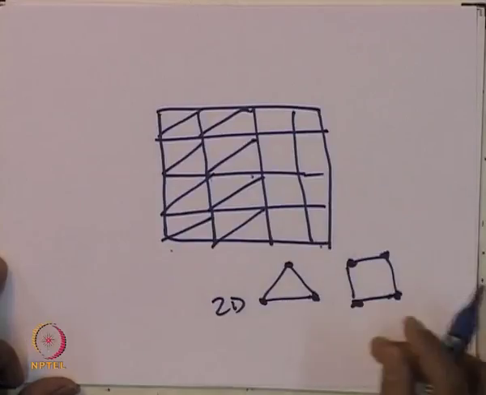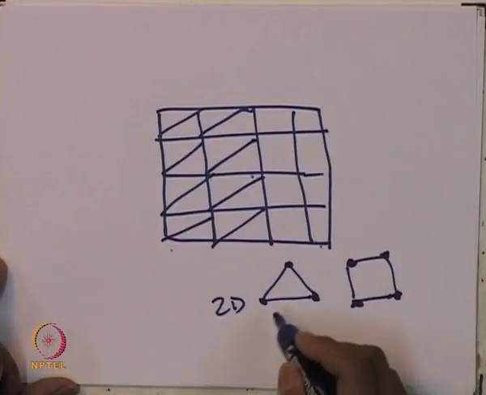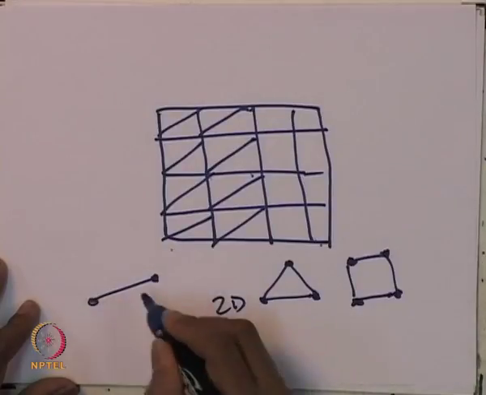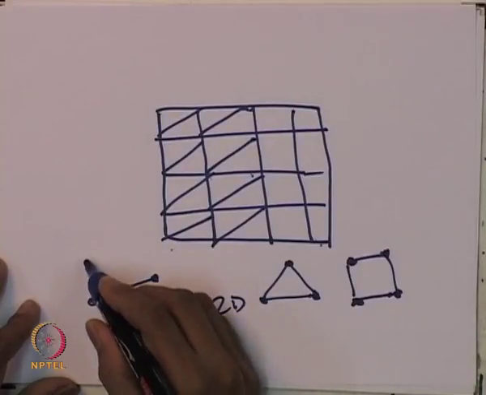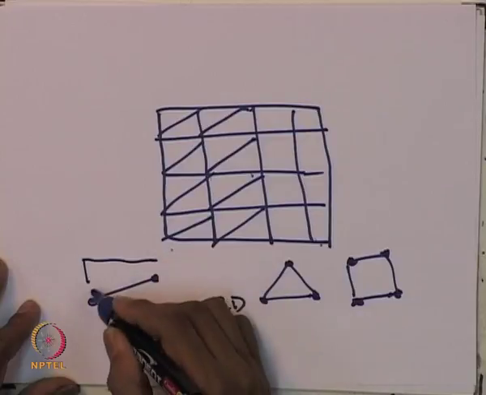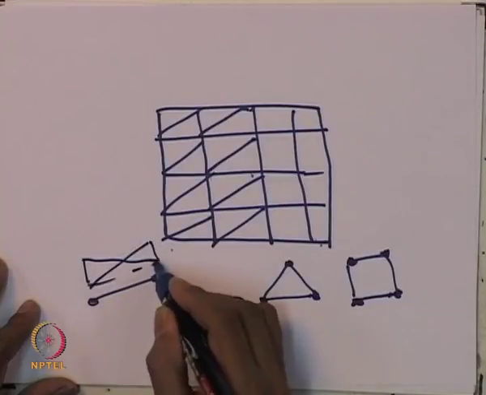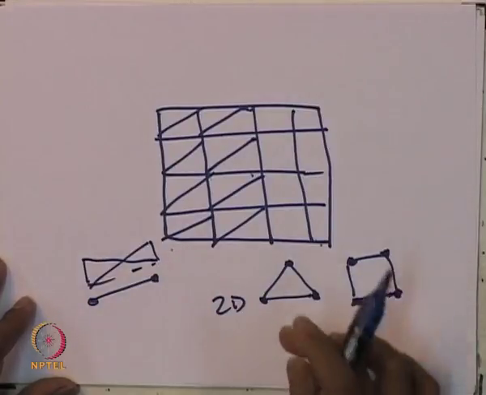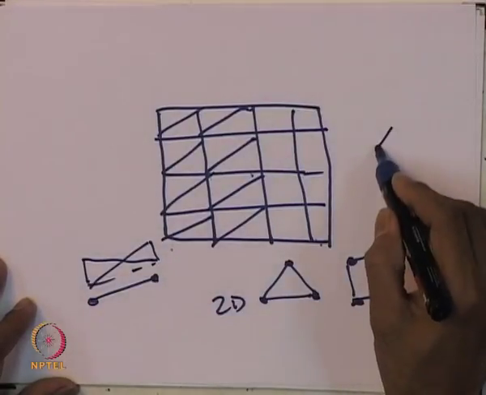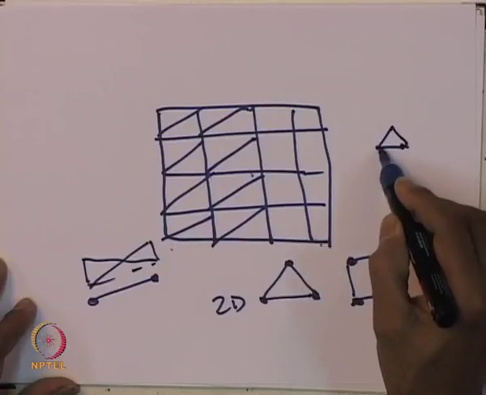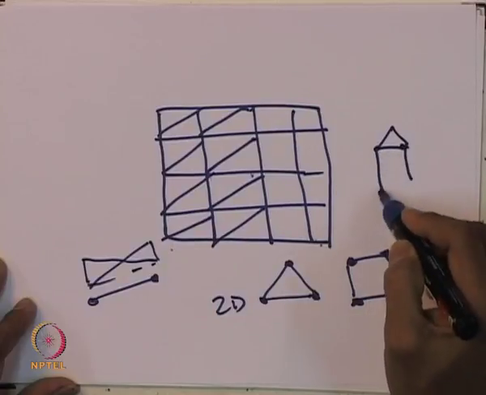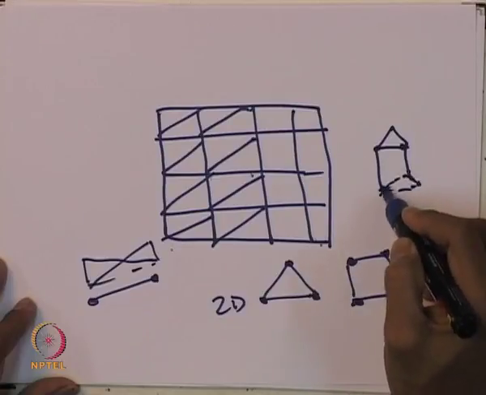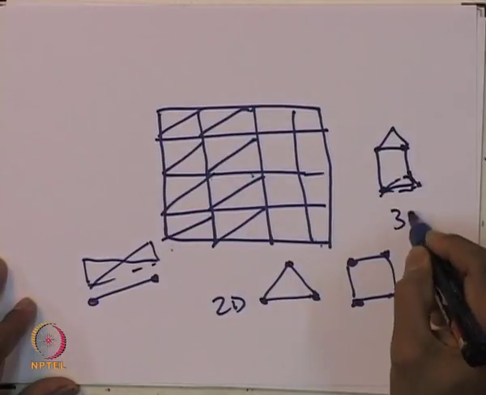Like that, various schemes, either 2D or 1D. As far as one dimension is concerned, we can consider a linear line element like this, where the variation is linear. So, that is linear variation for one dimension. This is for two dimensions, and then also three dimensions, like prisms, triangular prisms or rectangular prisms, as far as 3D is concerned.